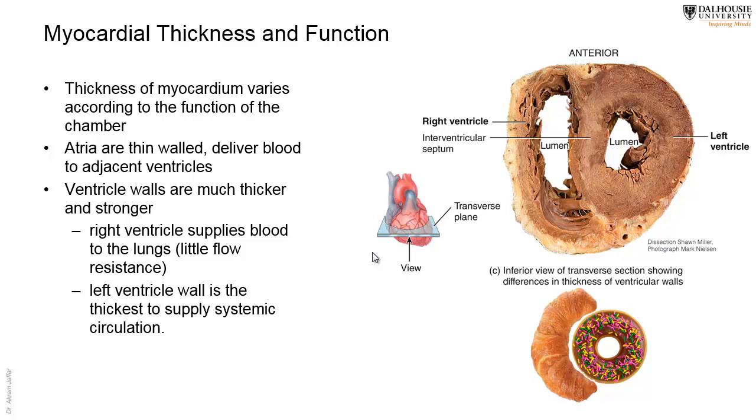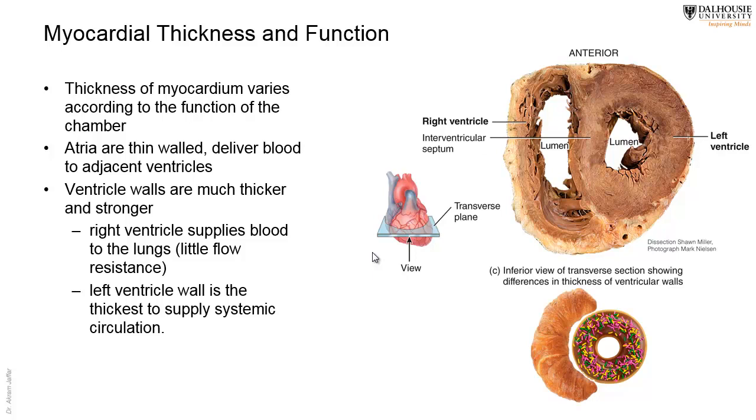This is a section in the heart showing you the right ventricle has a thin wall, but the left ventricle, when it contracts, should push the blood to the systemic circulation, and the blood should reach the tip of the toe or the vertex of the head. So that's why you need a very powerful pump, very thick muscles. That's why you can see here that it's almost 3 times as thick as the wall of the right ventricle. It is the thickest chamber of the heart, the left ventricle.